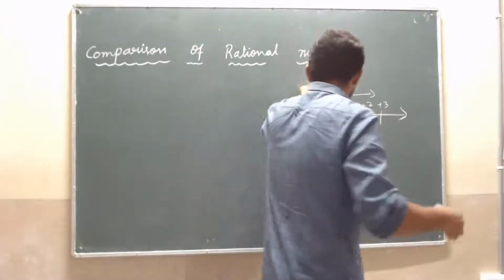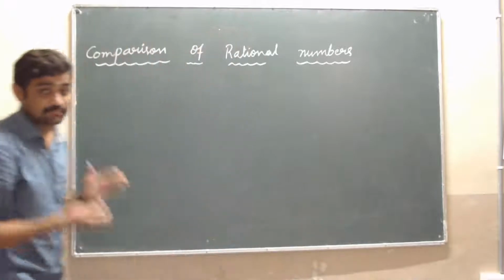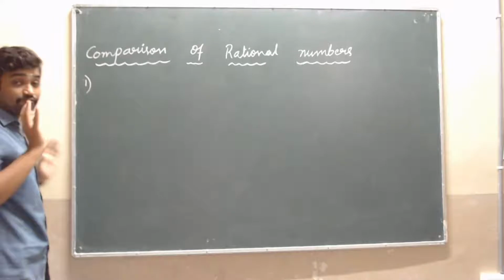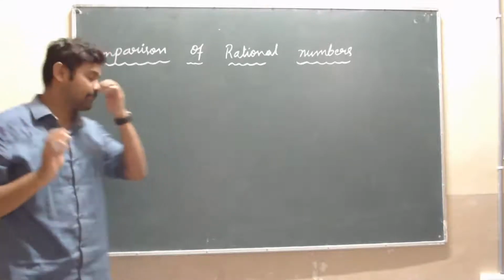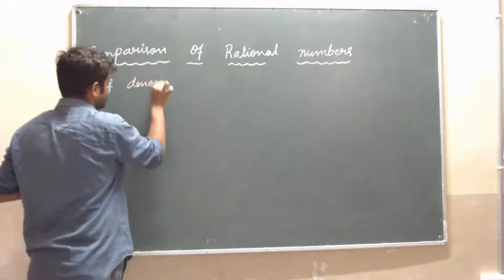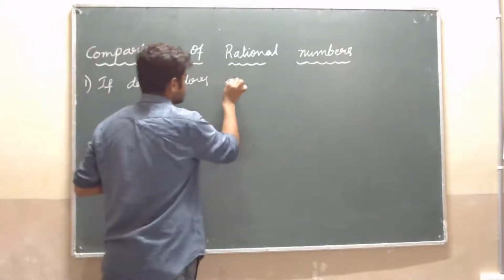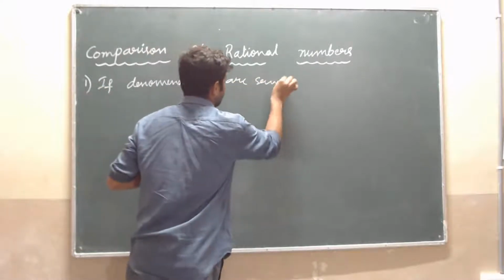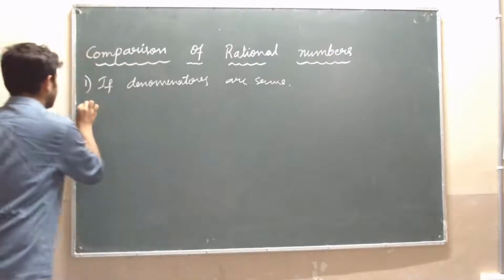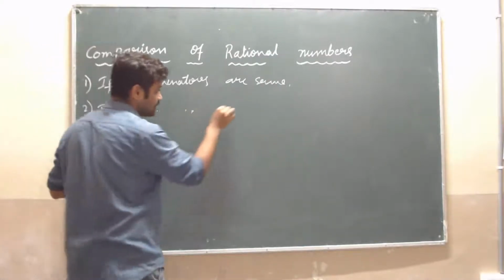How to compare? See, here there are two methods. Step by step, I will explain. First method is if the denominators are same. Second method is if the denominators are different.